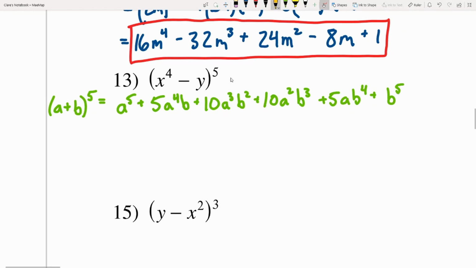Now for this, my a value is equal to x to the 4th and my b value is equal to negative y. Let's go ahead and fill this in.